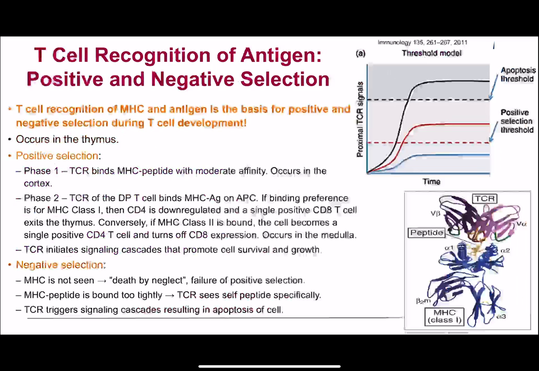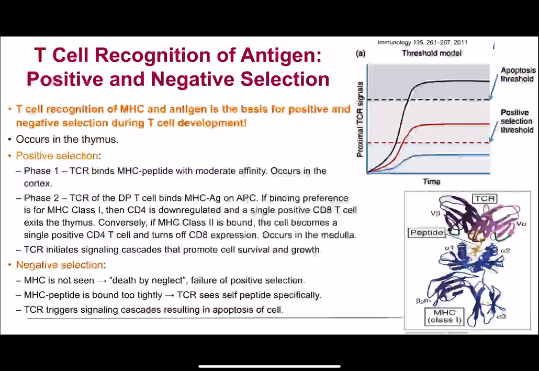That means that if that T cell is specific for a protein made by a beta cell in those islets, you're going to have diabetes if that T cell gets out. So we need to be sure we get rid of that T cell. We eliminate it from the population.